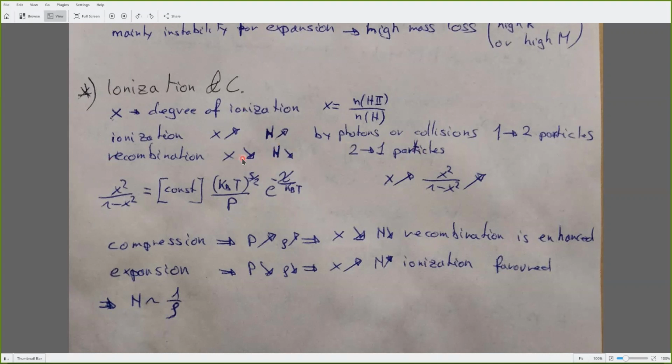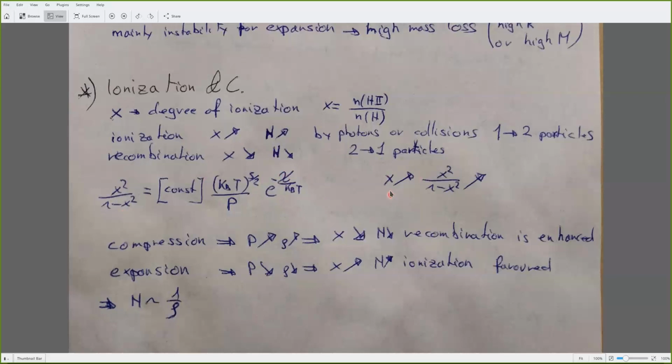We saw this equation previously. There is this value here, and a constant that depends on several values: the temperature, the pressure of the gas, and the ionization potential.